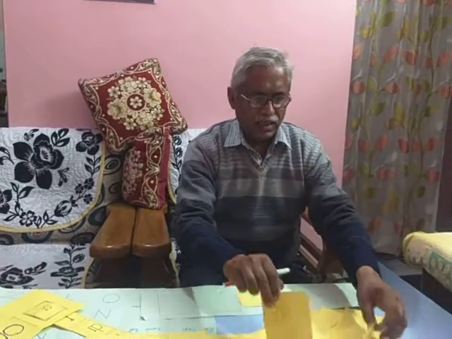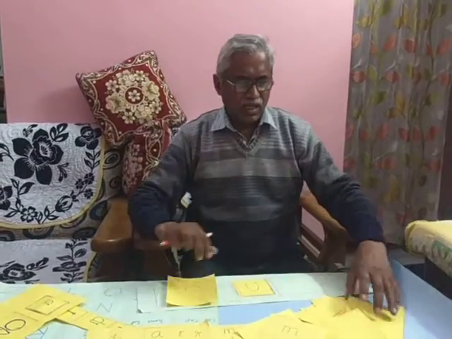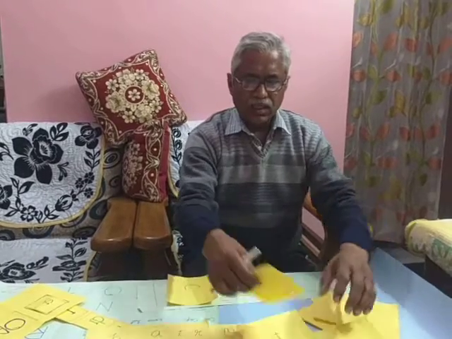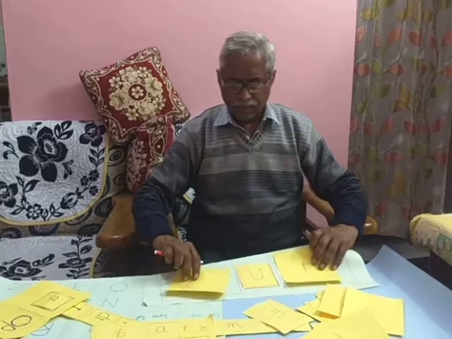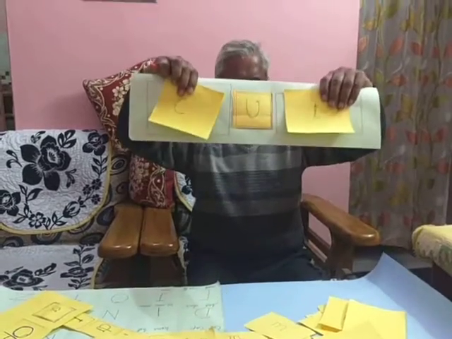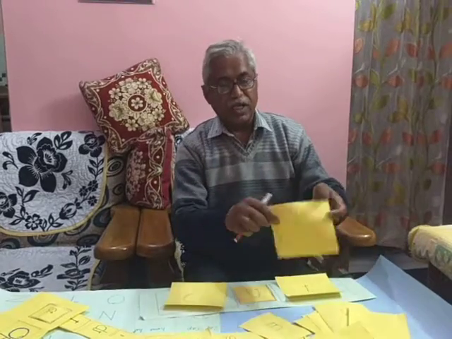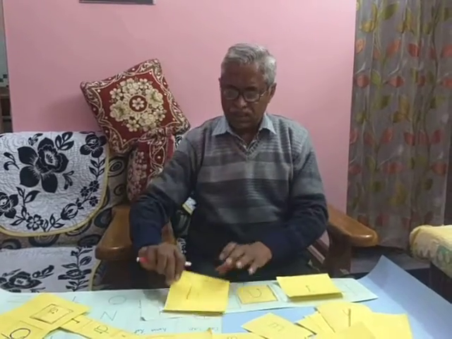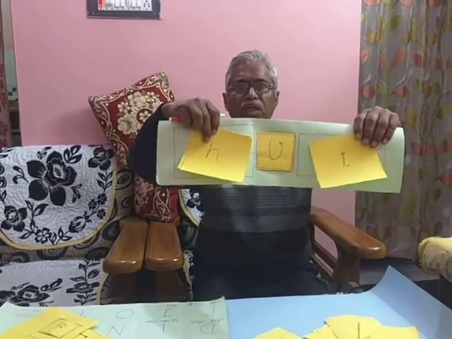So the child will see, he'll place it here, C. Then he will try to find letter T, cut. Right? Cut. Then I'll ask him to pick up another flashcard. He will pick up this. It will be hut, right?